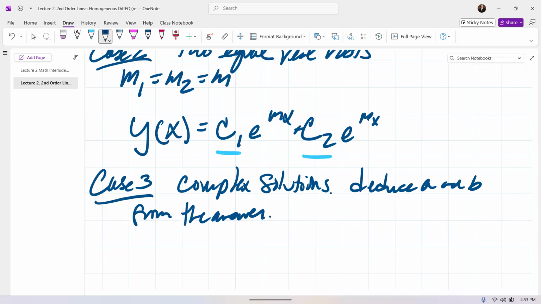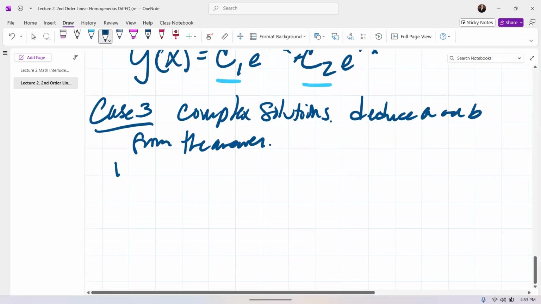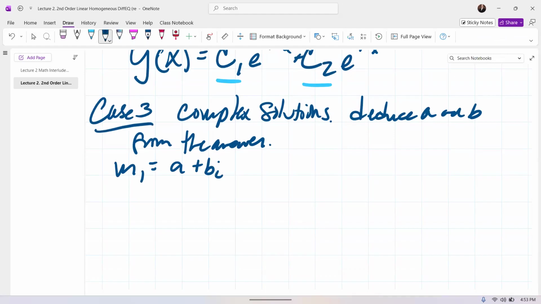When you have this, you'll have m1 equals a plus bi, where i is the imaginary, and m2 equals a minus bi.